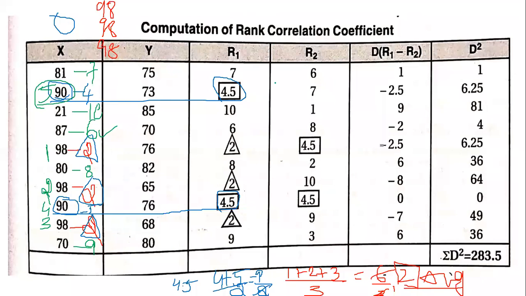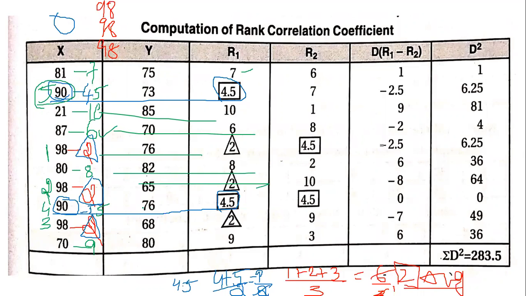So if you see here, this is the ranking we have. 7, this will become 4.5 and here also it is 4.5. So next is 10, 6, 2, 8, 2, 4.5, 2 and 9.